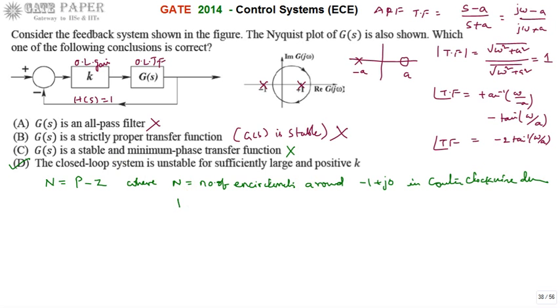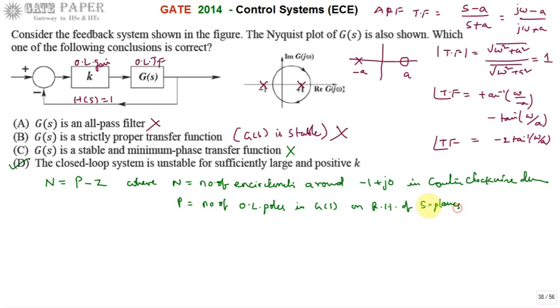And P is the number of open loop poles in G of S on the right half of S-plane.